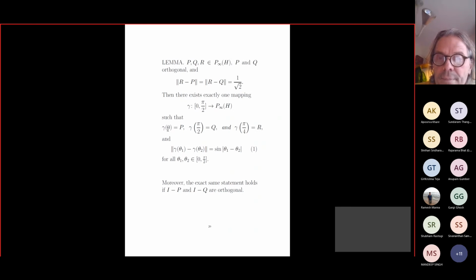So you start in P, you end your path in Q, and exactly in the middle of the path is R, and you have these minimal distances between any 2 points on this path. Geometrically, this is a geodesic that starts with P, ends in Q and goes through R. Just you cannot apply the usual tools from differential geometry because you have no differential structure and things like that.